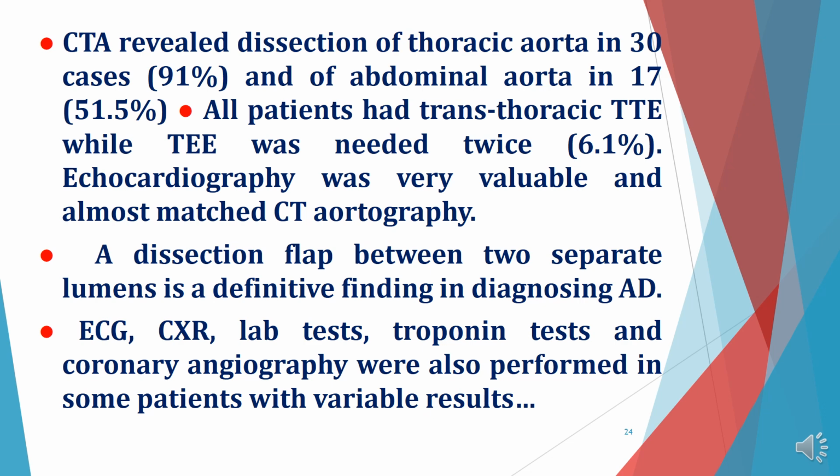CT aortography revealed dissection of the thoracic aorta in 91% of cases, and of the abdominal aorta in 51.5% of cases. All patients had transthoracic echocardiography, while transesophageal echocardiography was needed twice in 6.1% of cases.